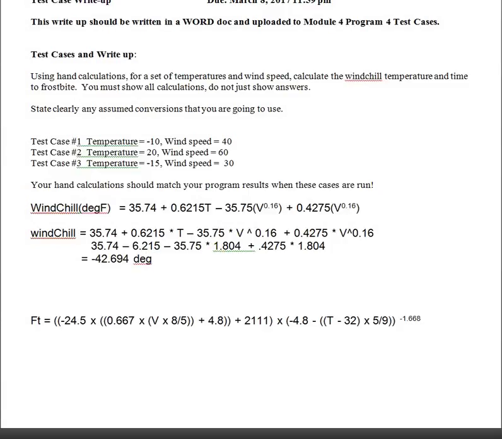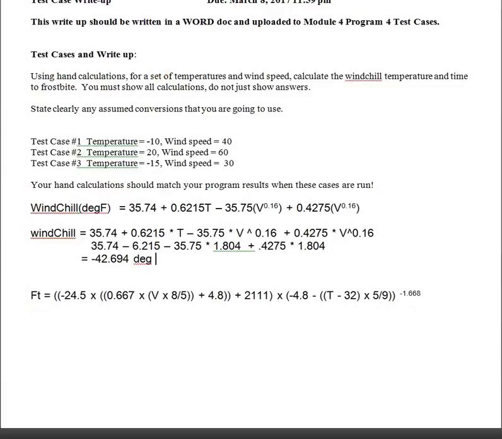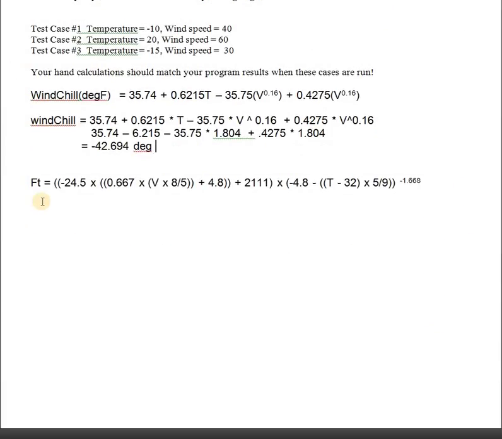Okay, now let's get to the more challenging calculation, and that is for the time to frostbite. These equations are both what we call empirical equations, and that means that they weren't derived using algebra or trigonometry or some other mathematical technique.